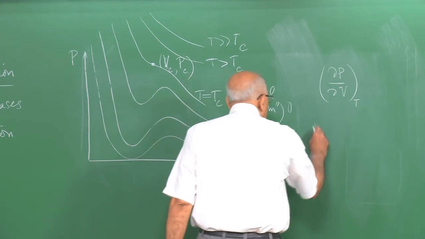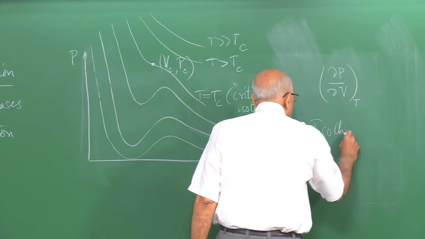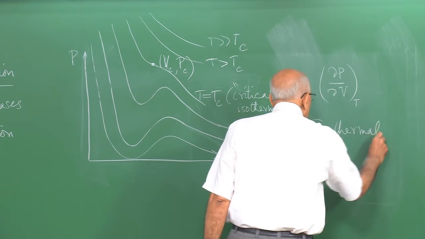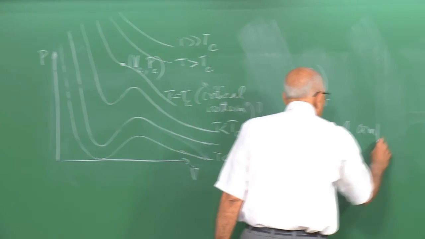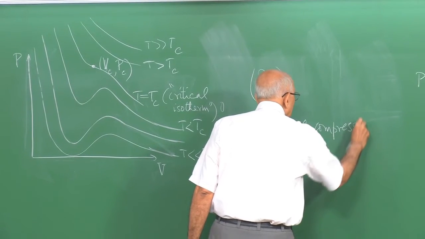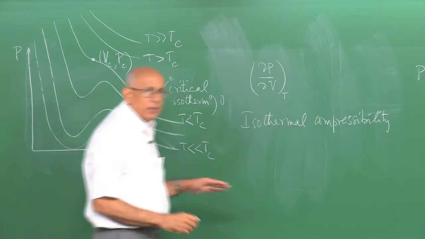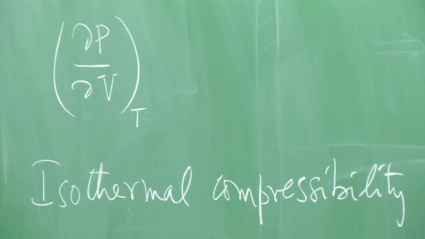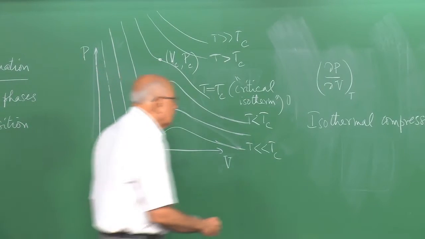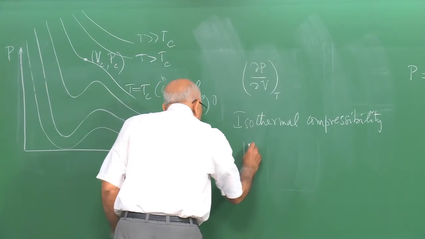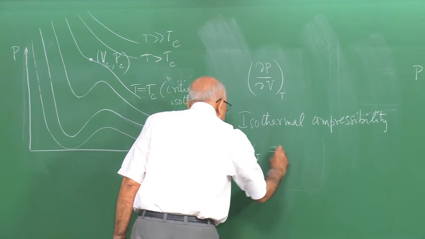The isothermal compressibility, isothermal because we are concerned with constant temperature processes, these are isotherms here, and let us give it a name K sub T, is defined.